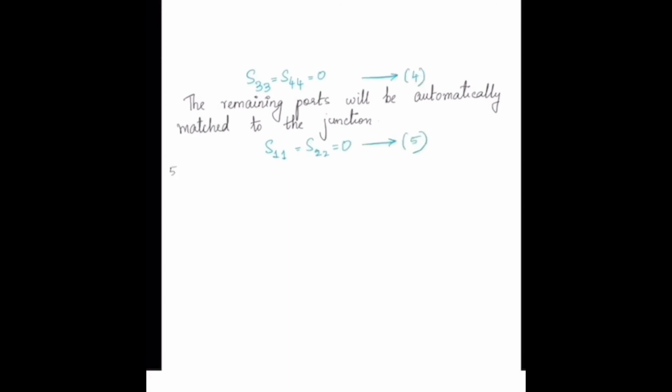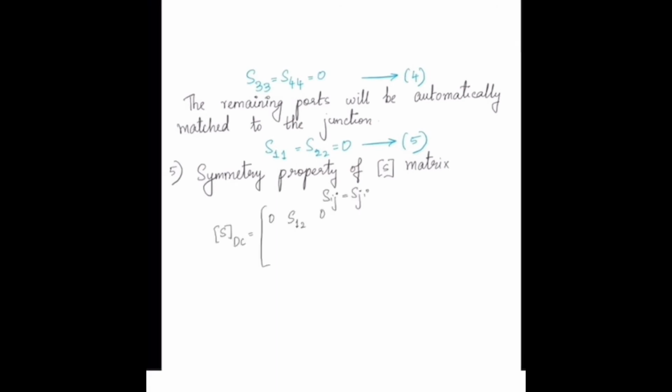The properties of the S matrix can be applied. So applying the symmetry property of the S matrix, as per the symmetry property, Sij is equal to Sji, so S21 will be equal to S12, and similarly S31 and S13 will be equal to 0.